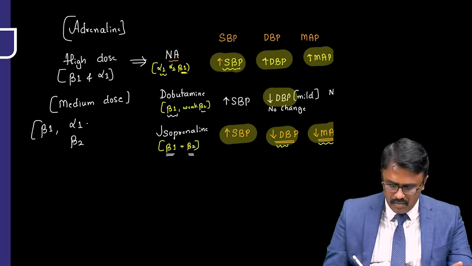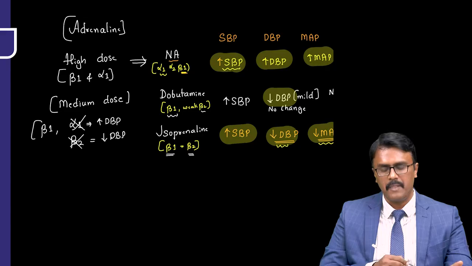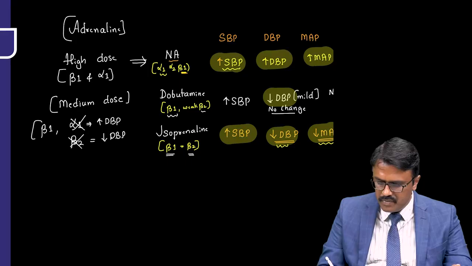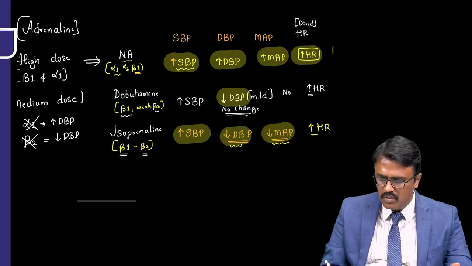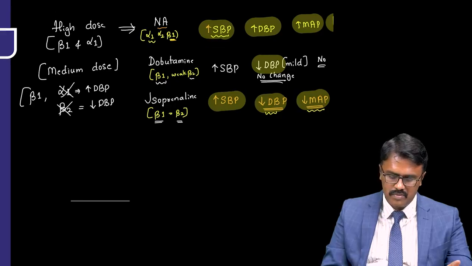By acting on alpha 1, it increases the diastolic blood pressure. By acting on beta 2, it decreases diastolic blood pressure. So the actions cancel, and the net effect on diastolic blood pressure is no change. That's what we have written. So no change in diastolic blood pressure and no change in mean arterial pressure. That is seen in medium dose.